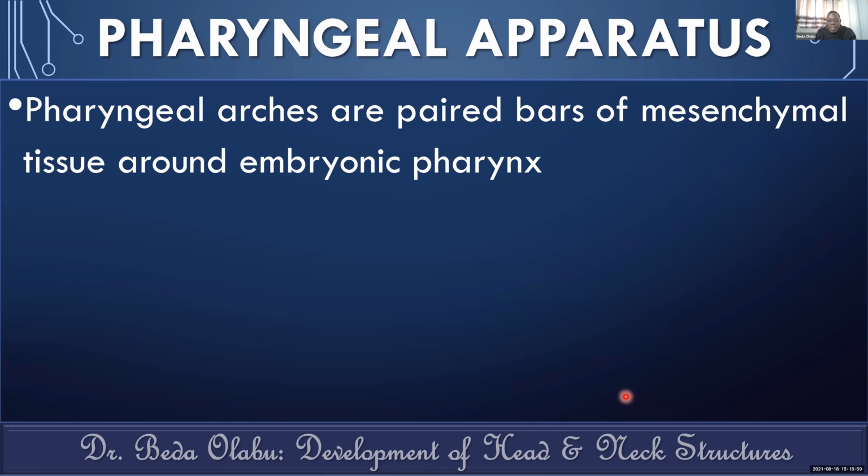These paired bars of mesenchymal tissue around the primitive pharynx is what we call the pharyngeal arch. So a pharyngeal arch is a paired bar of mesenchymal tissue around the primitive pharynx.